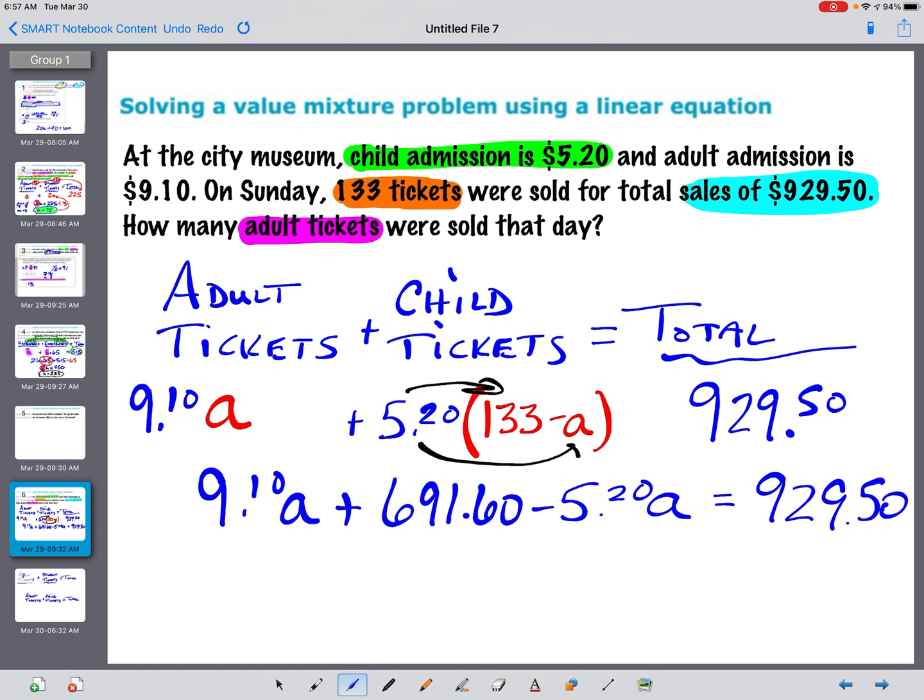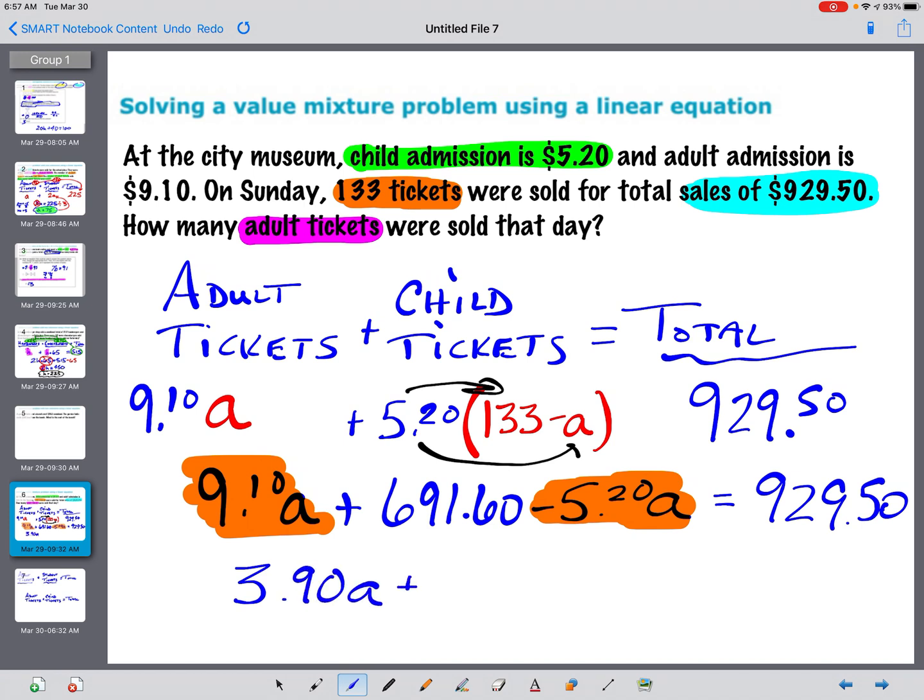All right, so now we have like terms that we can combine. So 910 minus 520 gives us 390A. So we have 390A, and we still have that 691.60, and it all equals 929.50.